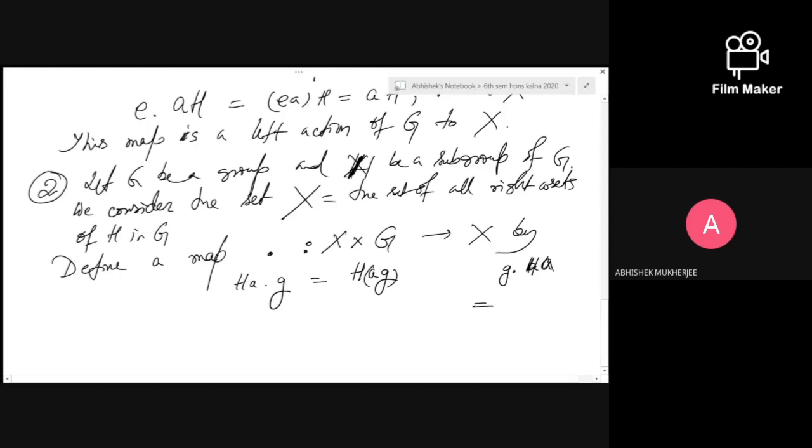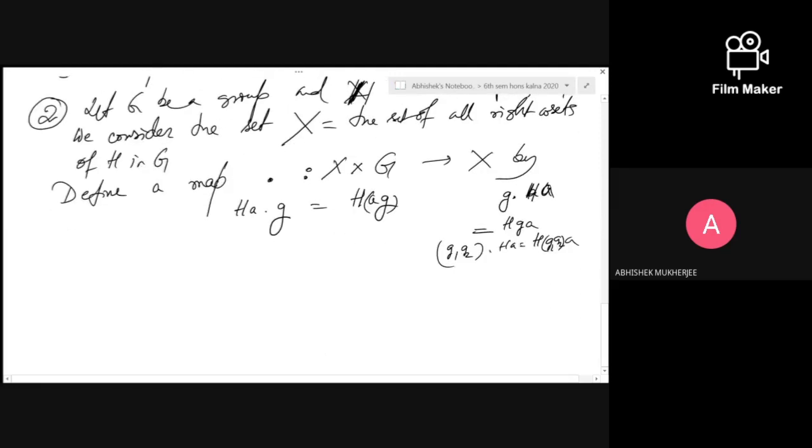If you define g dot Ha as Hga, then what will be g1 g2 dot Ha, that is H g1 g2 a.